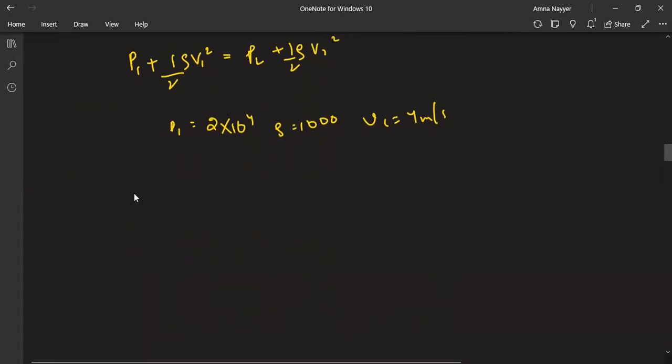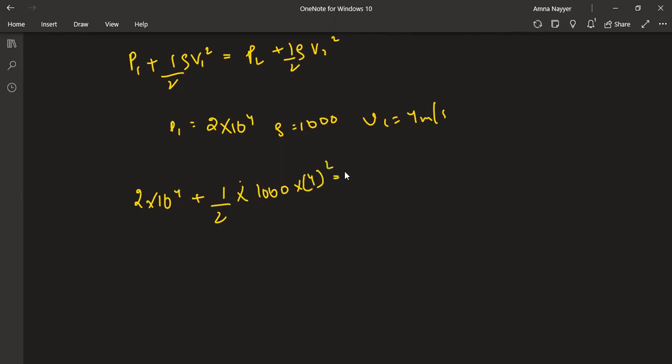If I put all the values, 2 into 10 to the power 4 plus half into 1000 into 4 square is equal to P2, which is unknown, plus half again 1000 into V2 square. This is also missing, no? So for that, we'll use A1 V1 is equal to A2 V2.